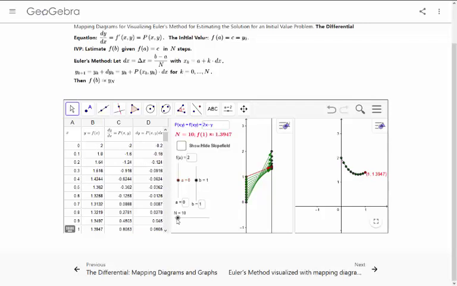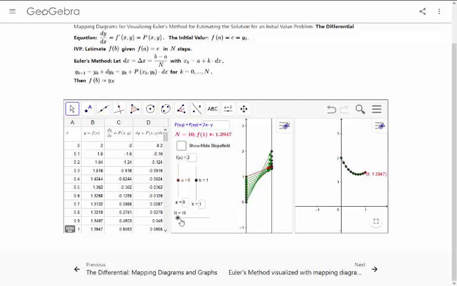We change it to a step size of 1/10, determined by n equals 10, and we see a more accurate estimate given for the value of f at 1, as well as a more accurate curve in the Cartesian graph to visualize the solution as the graph of a function, as opposed to visualizing the solution here as a mapping diagram, estimating the mapping diagram for the actual function.